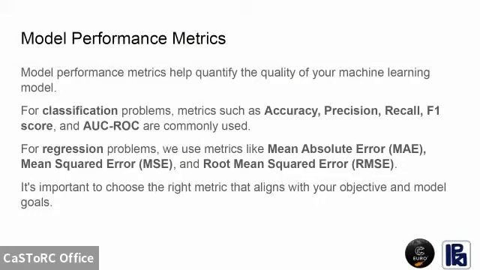If you have a classification model, in the literature, the commonly used metrics are accuracy, precision, recall, F1 score, and AUC. And if you have a regression model, you can use mean absolute error, mean square error, and root mean square error. So it's important to understand the final goal and to use the appropriate metrics to be able to evaluate your model.